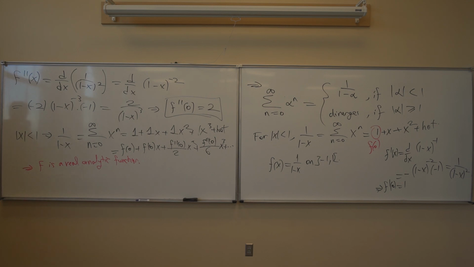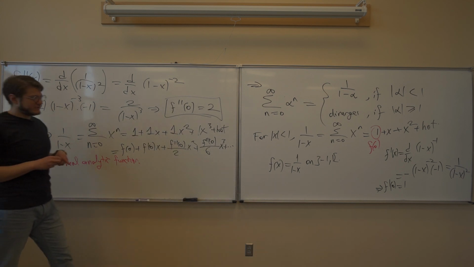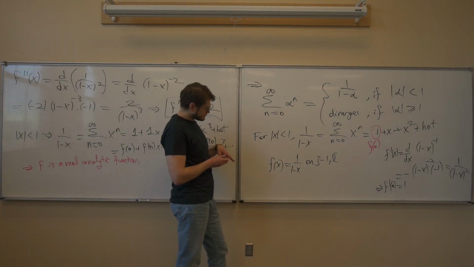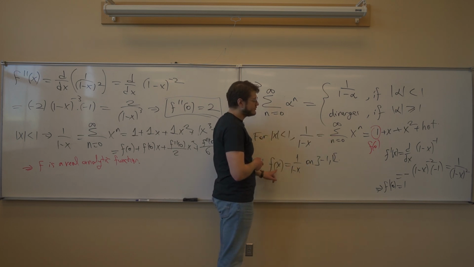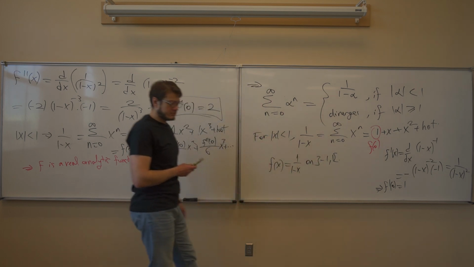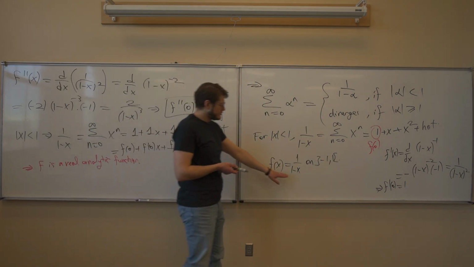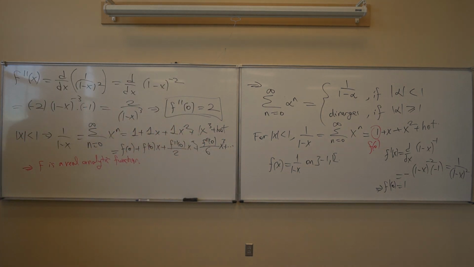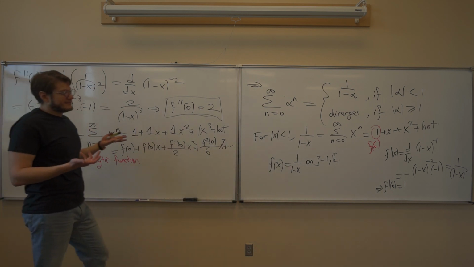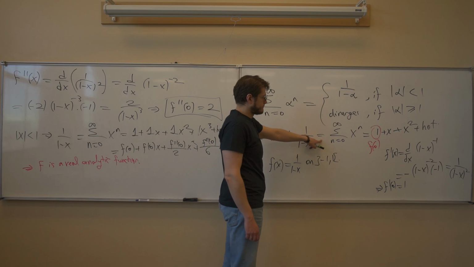Okay, so this was one example, geometric series. Another example, oh, maybe I should mention this as well. You see, this function, even though in order for this expansion to work I need to restrict x to between -1 and 1, of course is well-defined insofar as x is not 1. Right? So I can plug in f of 15 if I want. But what I'm saying is that for x equals 15, this doesn't quite work.